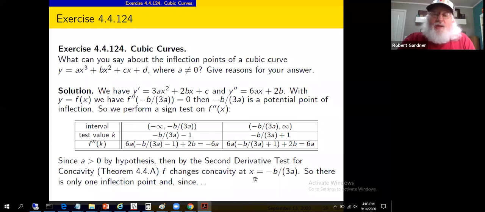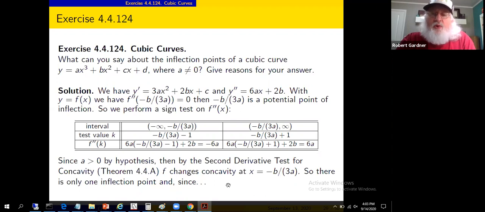So we can see that indeed it does change from positive to negative or negative to positive. I can't tell which one because I don't know the sign of a. Bad typo here. This should read a is not equal to 0. That was the hypothesis. I'll get that modified and posted online. f changes concavity there.